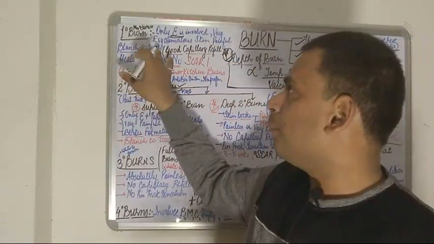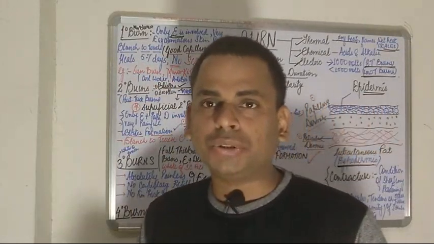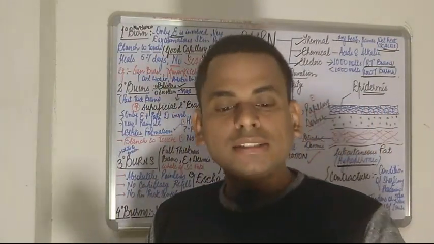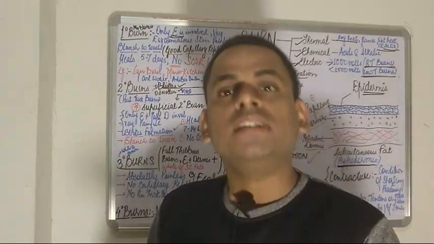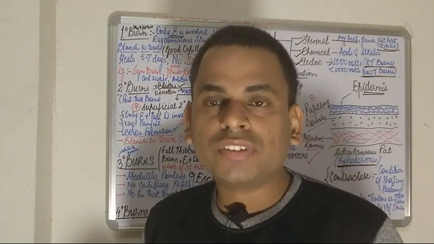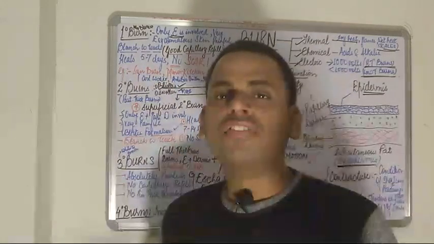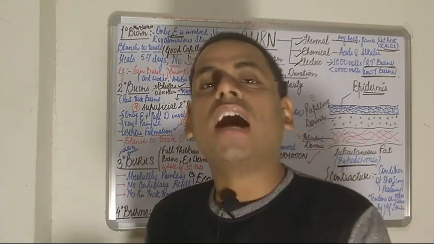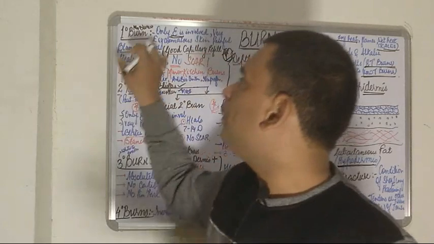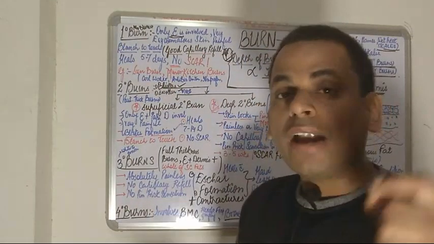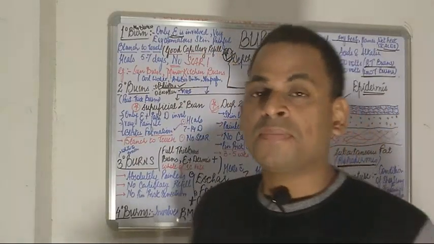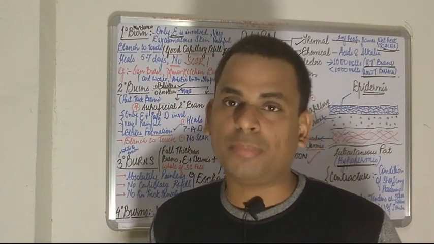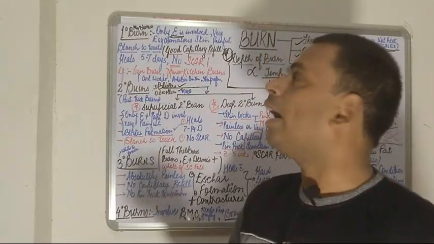Blanching to touch means that when the skin of the patient is palpated or pressed, there can occur whitening of the skin, and within 2 seconds of removal of the pressure, the skin again becomes reddish. So blanching to touch can be seen, which clearly signifies that there is a good capillary refill. So the good capillary refill phenomenon is mostly seen in the 1-degree burn.